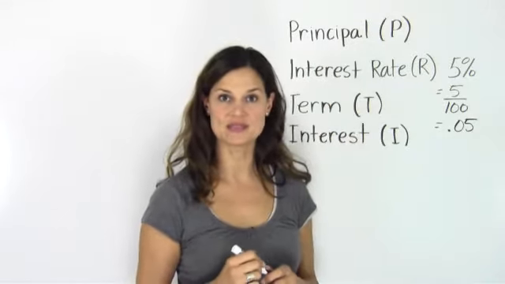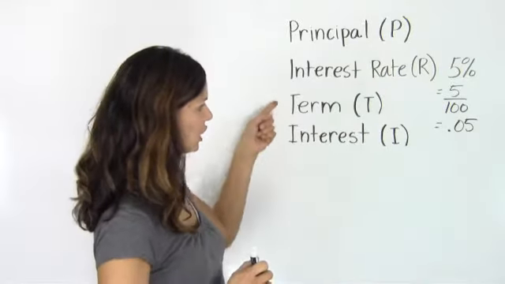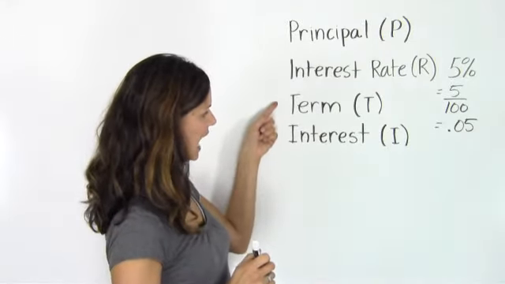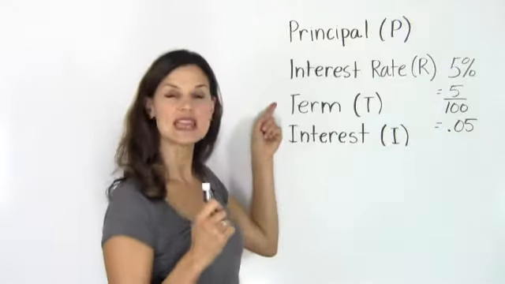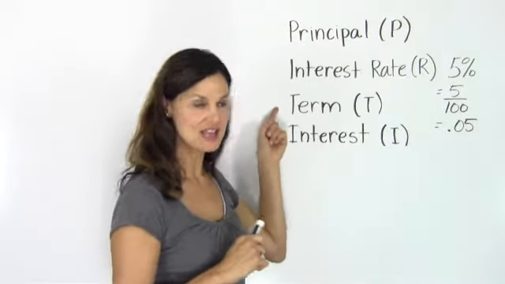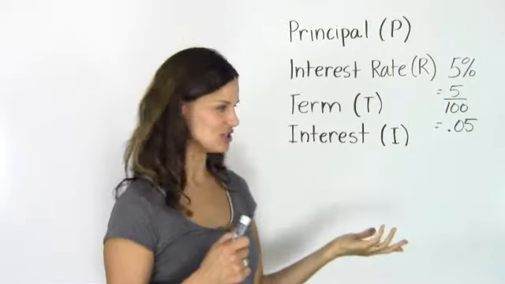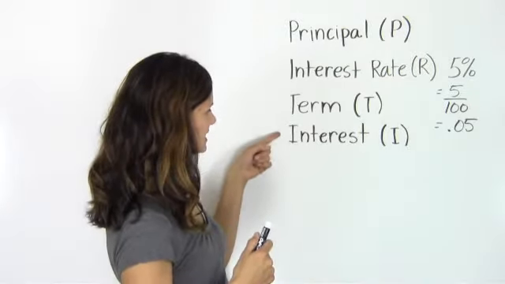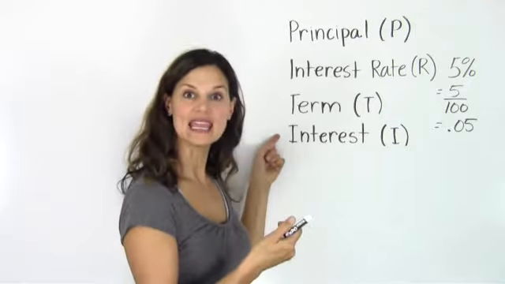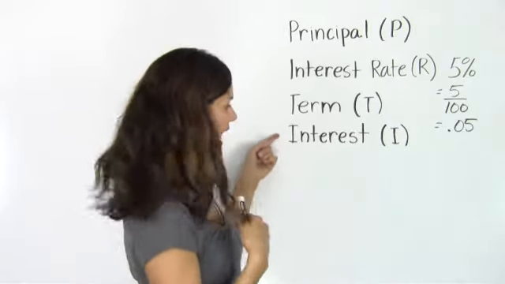The term is the length of time that interest is being applied to the loan. In this case, our term is 4 years, a college loan. And interest is the extra money owed to the bank at the end.